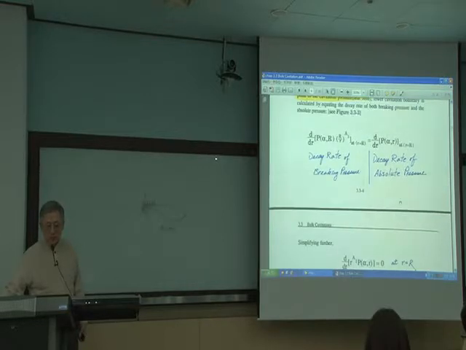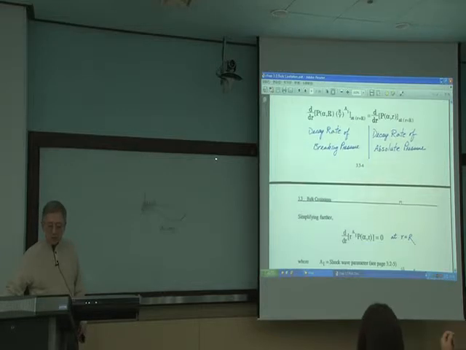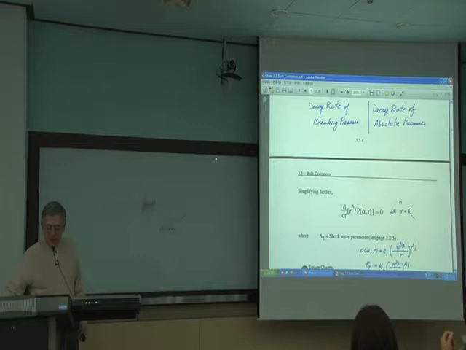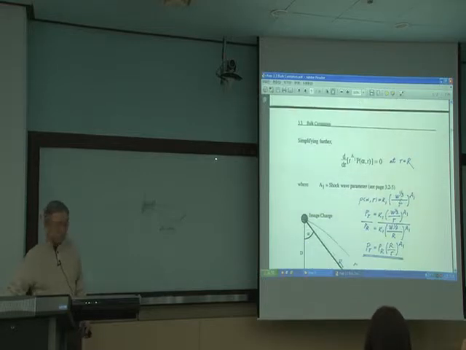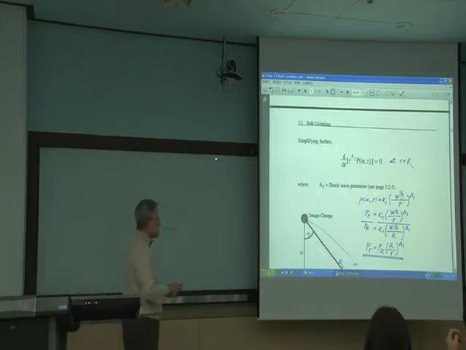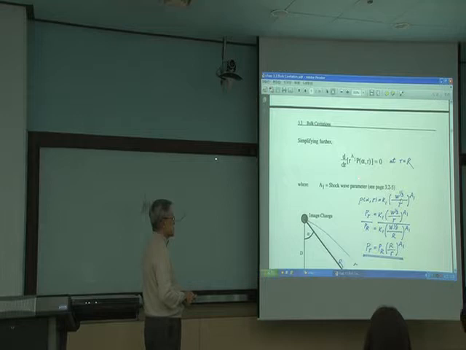Usually I don't go through it. Then the notes are complete. And simplifying further, you have that equation set here. Then you have to solve this equation set. That's what the other note in your book has.